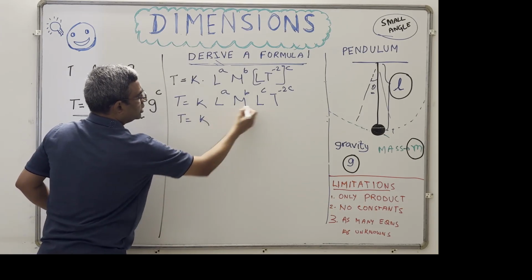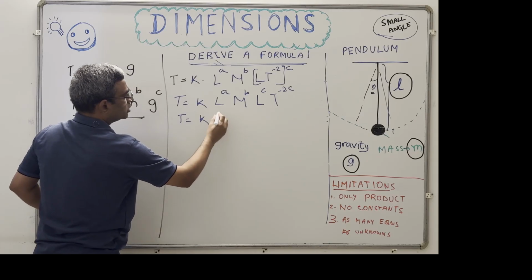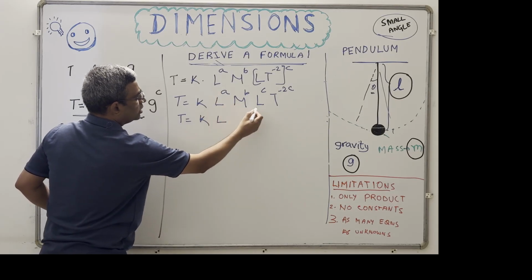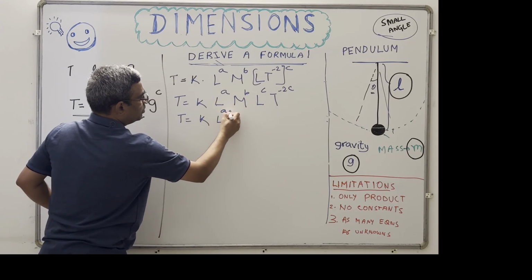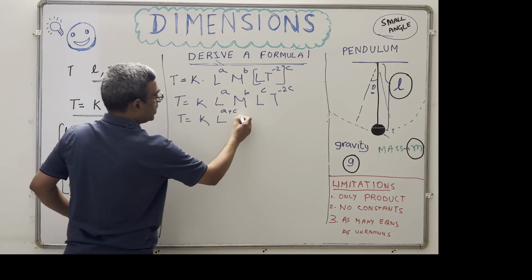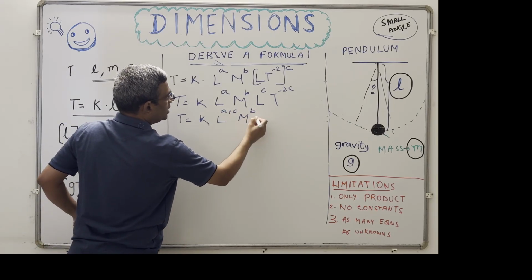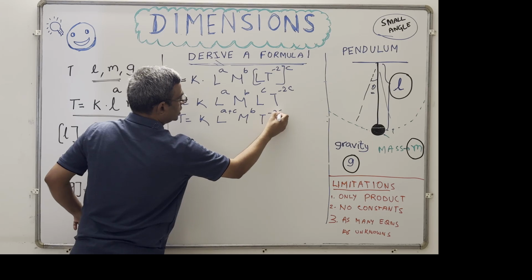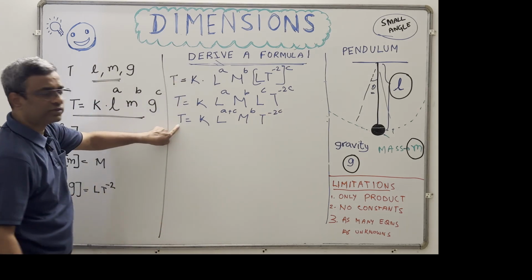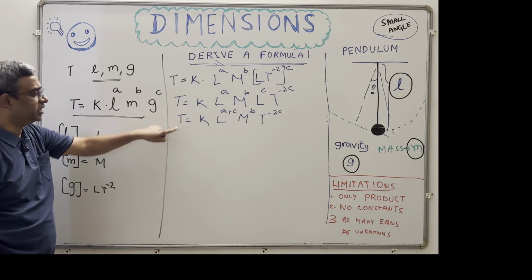Let us gather all the same dimensions together. So this is L power a into L power c, L power a plus c, m power b, t power minus 2c. Now on the left side, the only dimension we have is t.